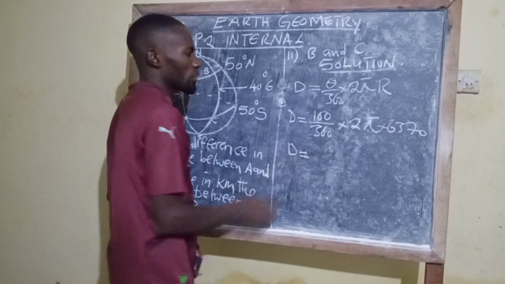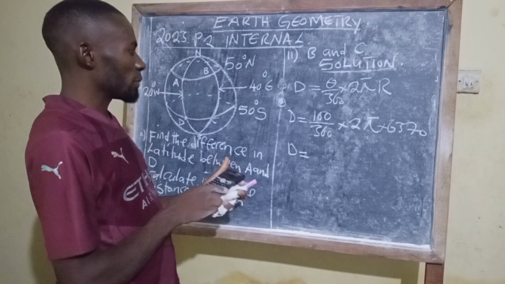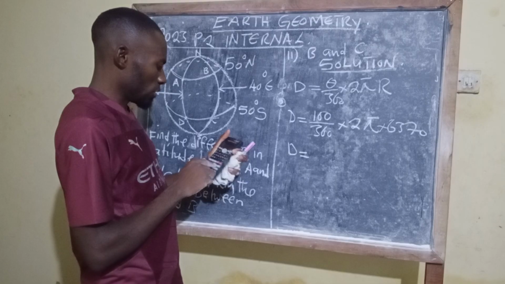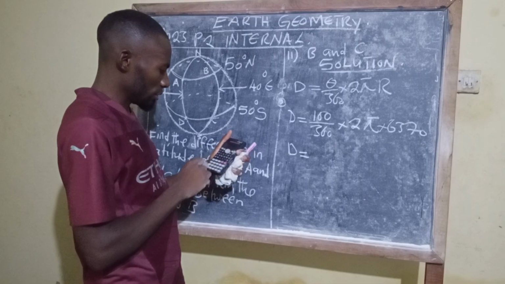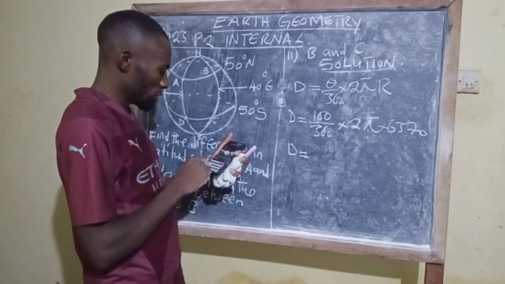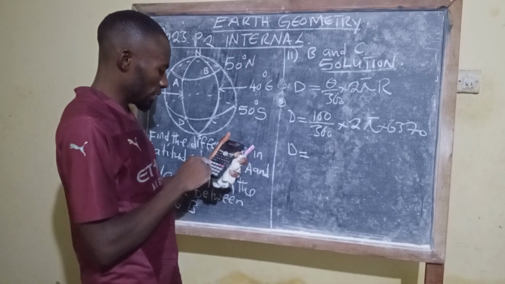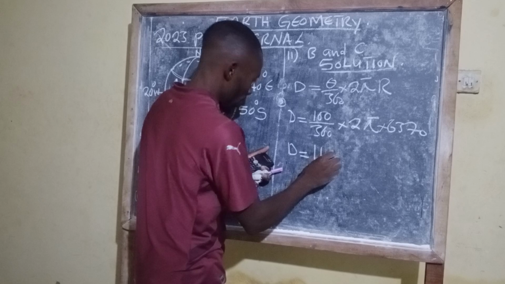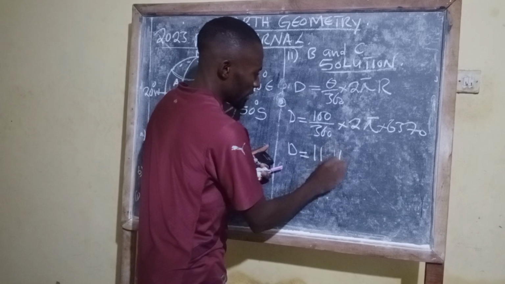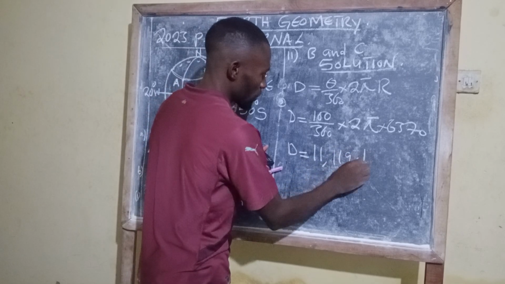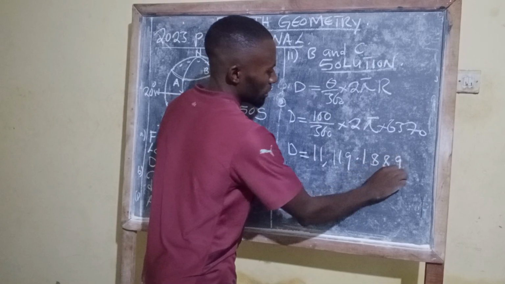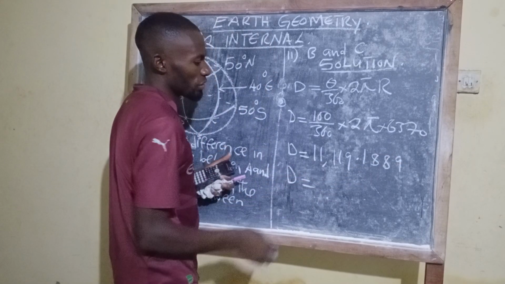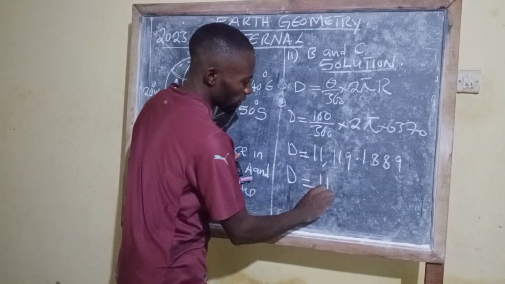Now we multiply: 100 divided by 360, multiplied by 2 times 3.142 times 370, and we have 11,119.1889. When we round this off to three significant figures, we have 11100 kilometers.